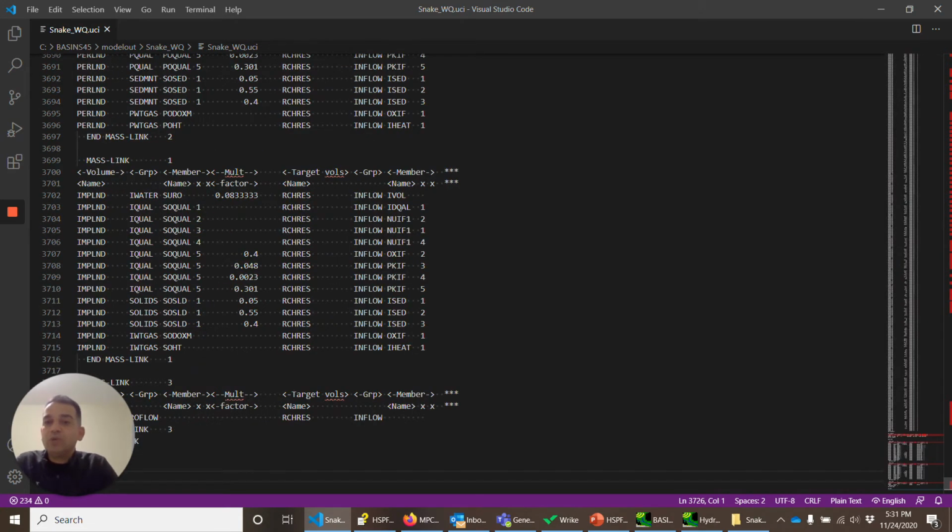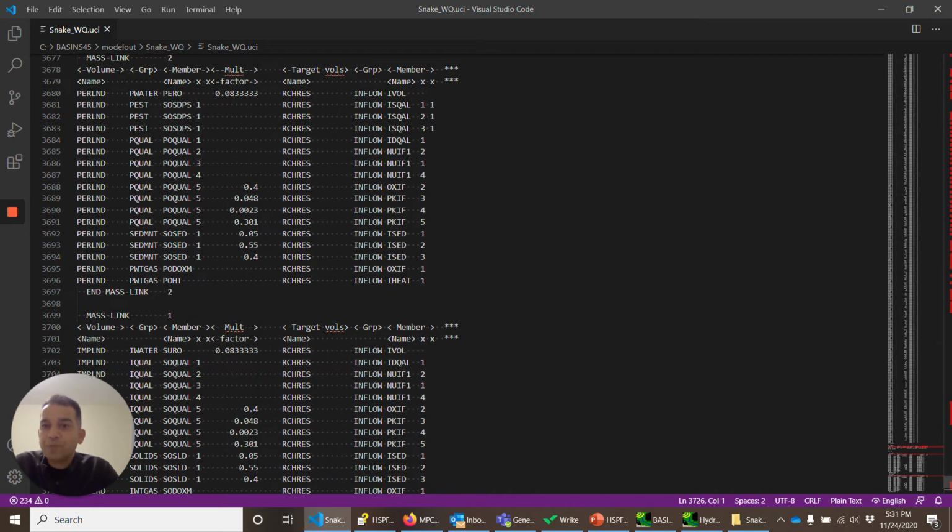Finally, I want you to look at the Masslink block. If you remember, on the land surface the water is simulated in acre-inches, but for inflow to the reaches, it likes it in acre-feet. So this 1/12 is used for converting that.